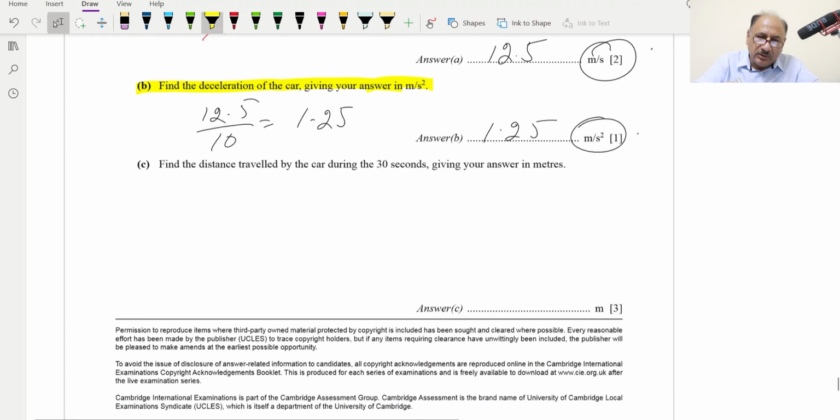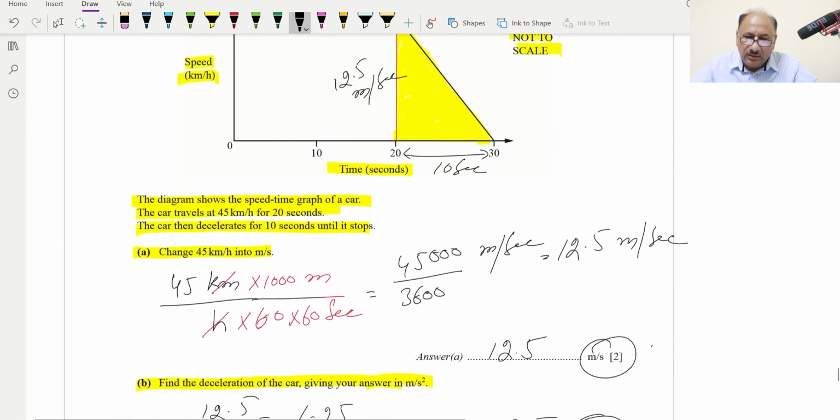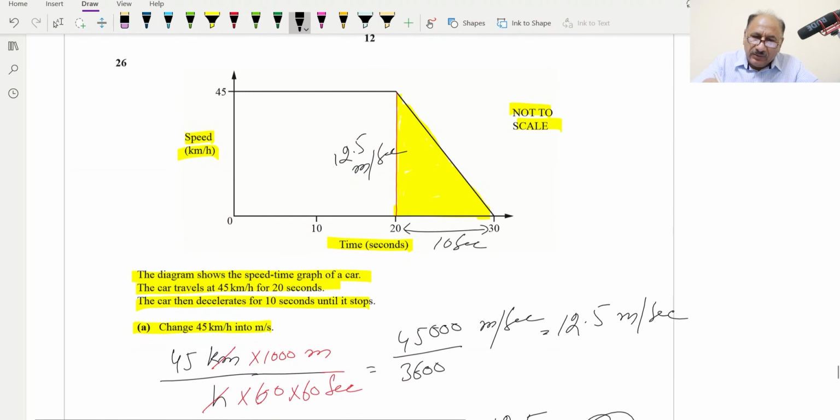Now the C part, which is the last part of this paper, find the distance traveled by the car during the 30 seconds, giving your answer in meters. So distance will be equal to, we'll find the area under the curve. Area under the graph will be this rectangular area.